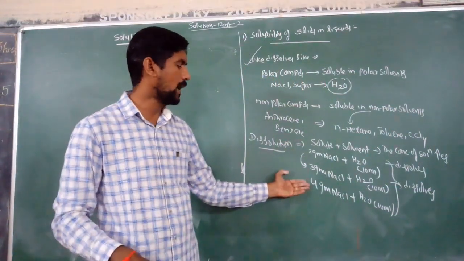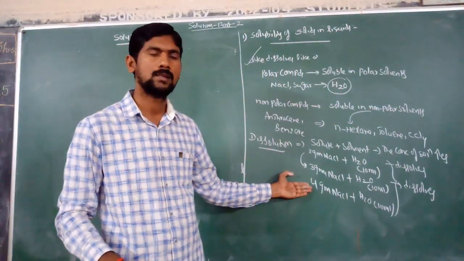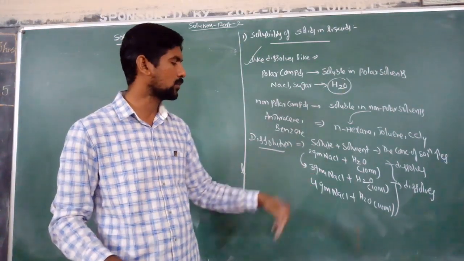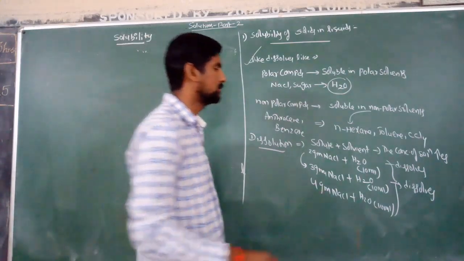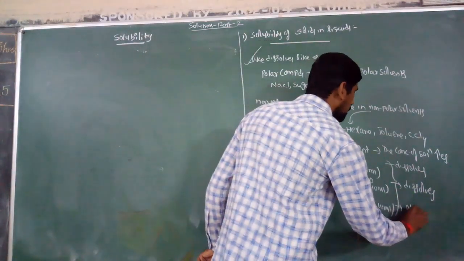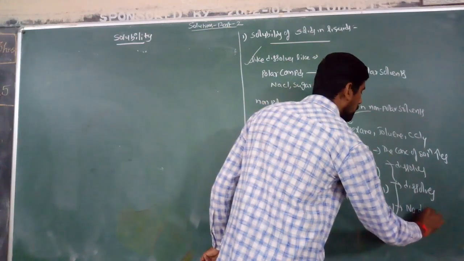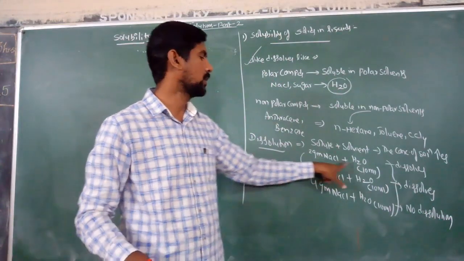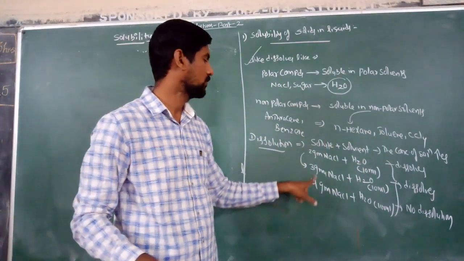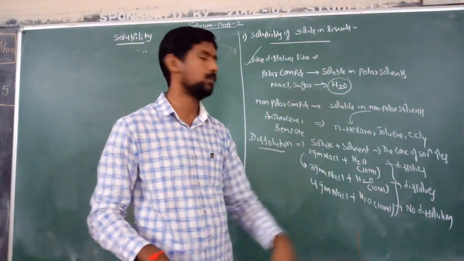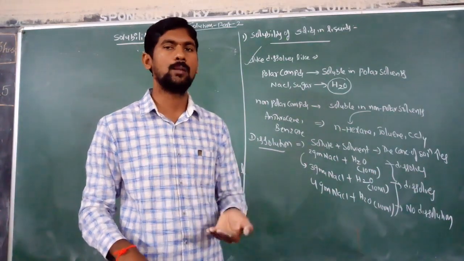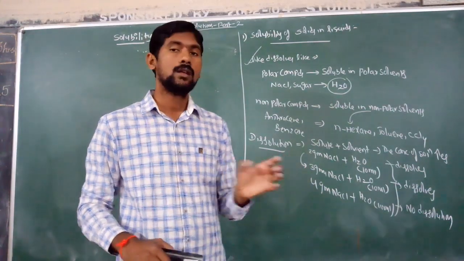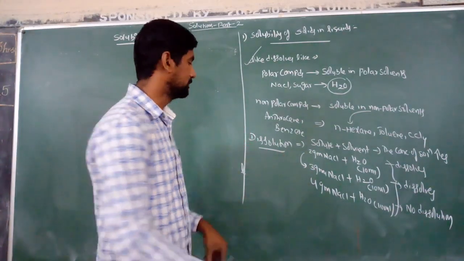If you continue to add the solute, then after 3 grams, if you add 4 grams of sodium chloride to water, no dissolution. 2 grams of sodium chloride in water, completely soluble. 3 grams, completely soluble. If you add 4 grams of sodium chloride to water, you will observe in the beaker some precipitation.